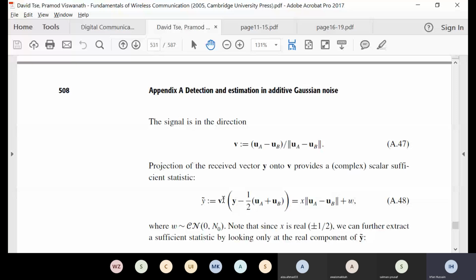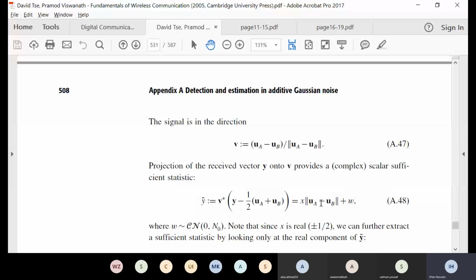You will be getting the same thing again, and you can do the mathematics yourself. But W will not be simply N naught, it will be CN naught, because it is a complex random variable.